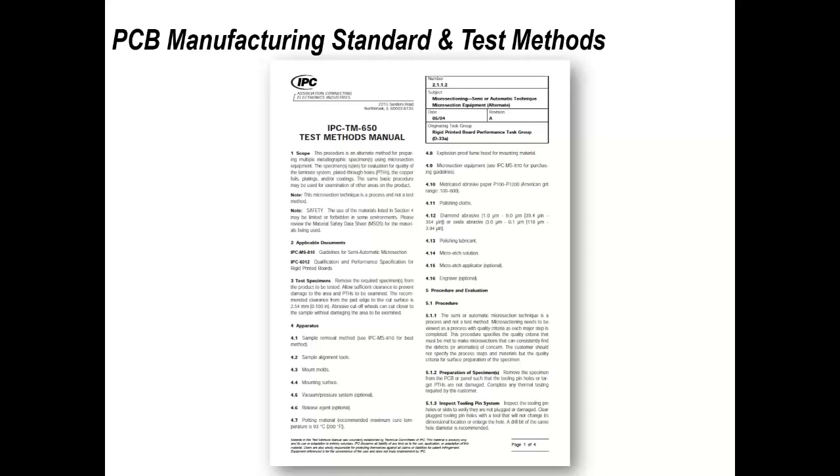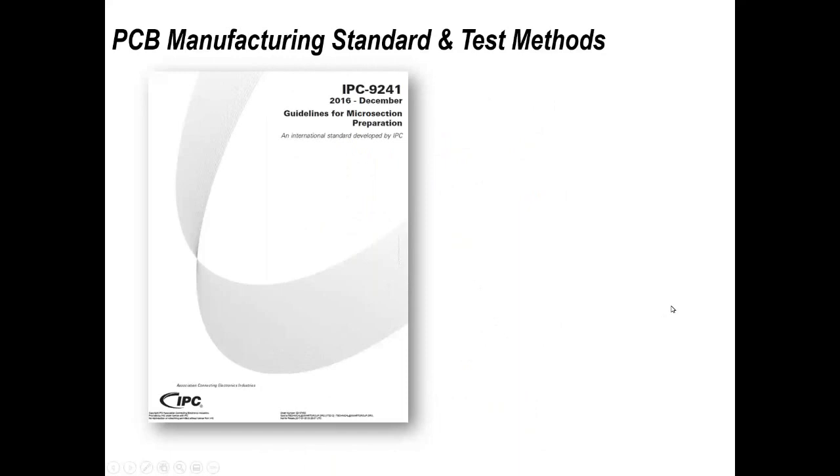It's much easier buying the whole thing from IPC. But there is a specific section on manual and semi-automatic microsection production. And again, it's written by people that have produced microsections, and hopefully that is another useful guideline. Just do a search for this particular document when you get the reference number when I send out a copy of the slides.